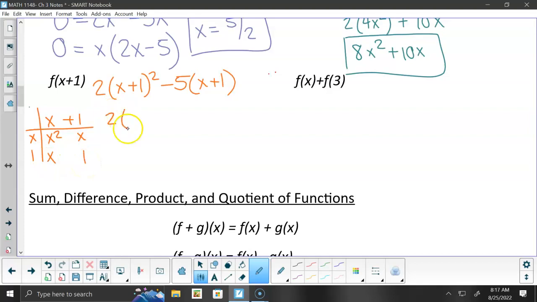So this becomes 2 times the quantity x squared plus 2x plus 1 minus 5x minus 5. Distribute that to the 2. Combine your like terms and call it a day.